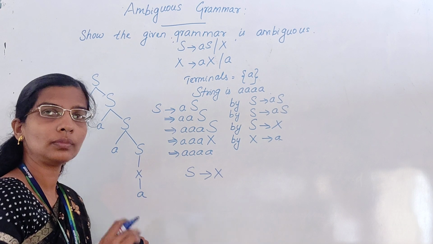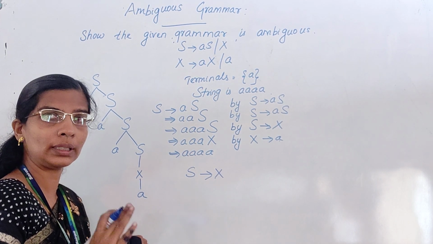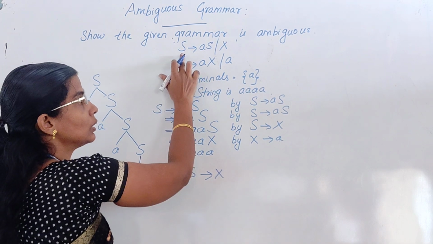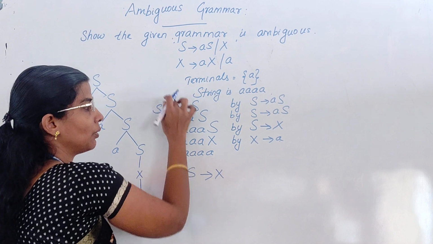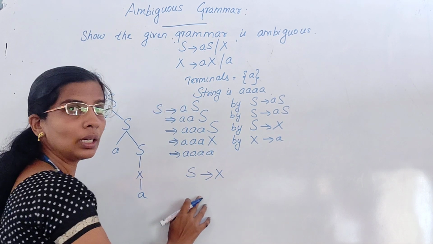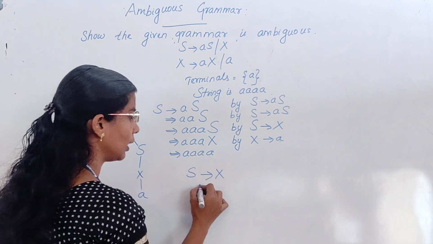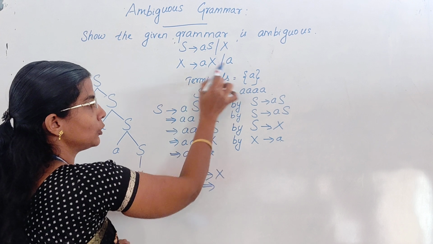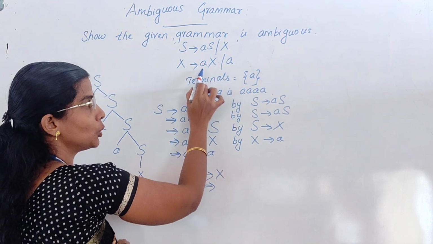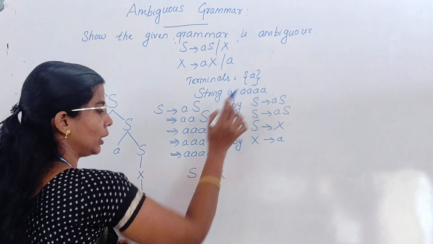Remember, you have to start from your start symbol while deriving. Since the start symbol has two different productions, the very first time I am using the first production, and the second time I am using the second production. Now what can I do? Go to X. X has two productions. Among these two, which one can I use? I can use X tends to AX, because I need to generate 4 A's.